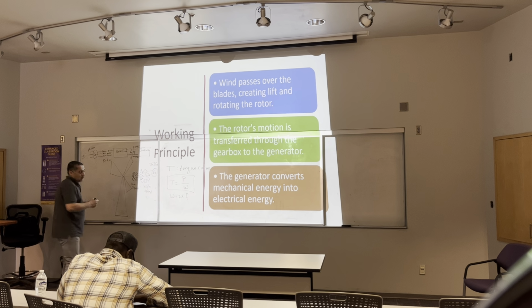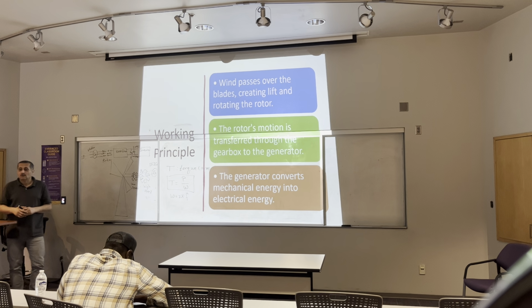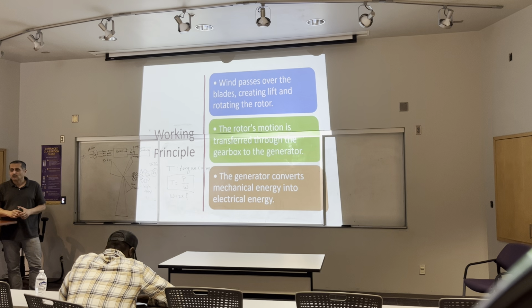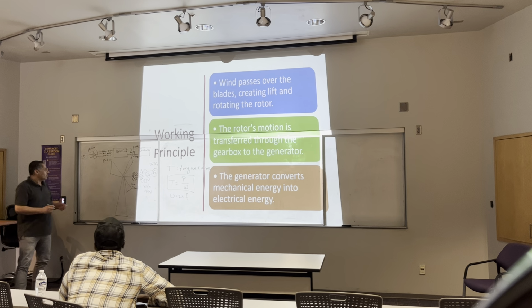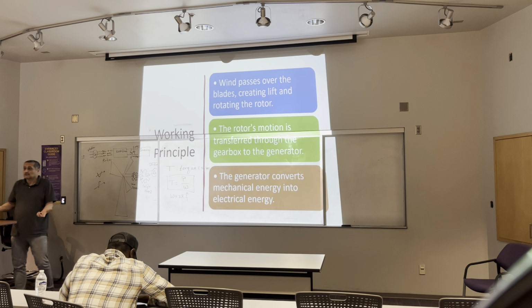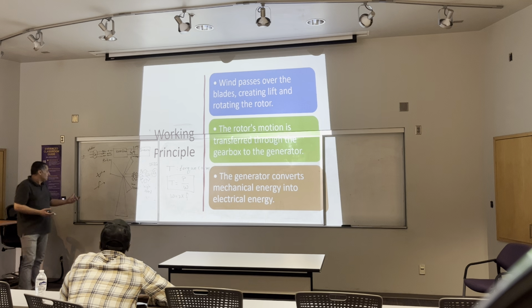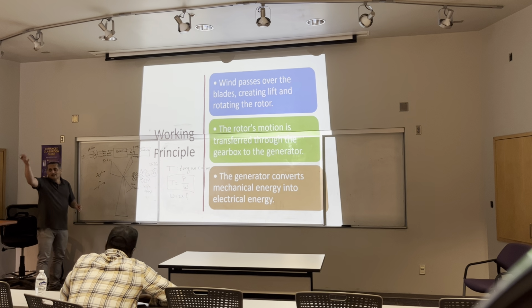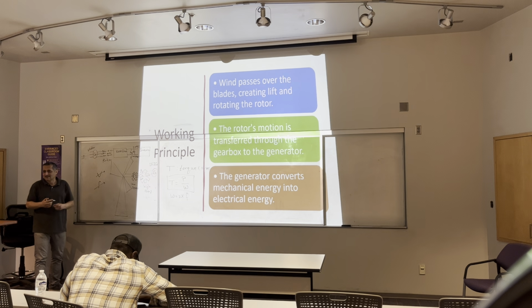So we need a frequency of 60 hertz and a voltage of 120 volts. From the wind turbine we will get variable voltage and variable frequency. It's not satisfactory, we cannot connect the wind turbine to the grid.